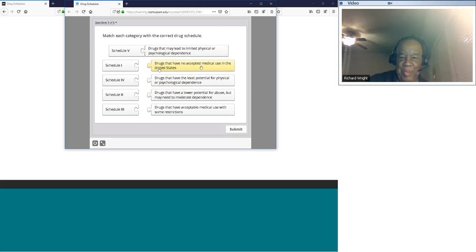Drugs that have no accepted medical use in the United States, these are probably Schedule 1s. Drugs that have the least potential for physical or psychological dependence, these are probably going to be Schedule 4s. Drugs that have a lower potential for abuse but may lead to moderate dependence. And then there you go.